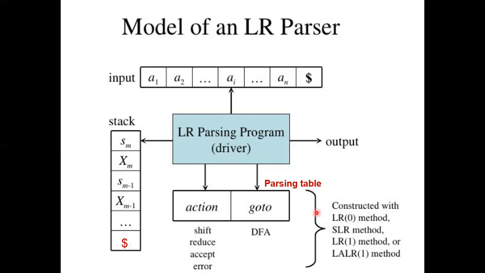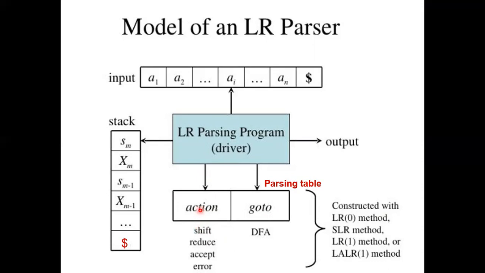We have the different types of parser: LR(0), SLR parser, CLR parser, and so on. The only difference is in the construction of this parse table. Different methods are used to construct the parse tables for each type of parser. In this parse table there are two different functions.